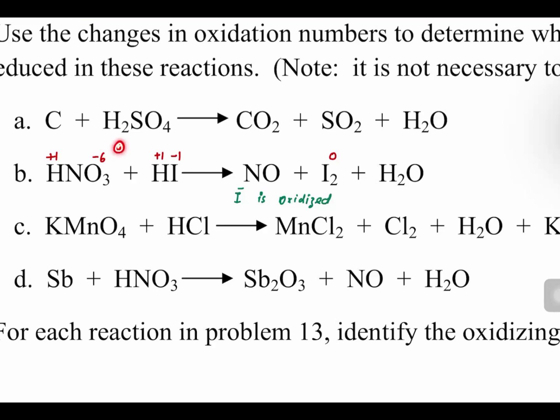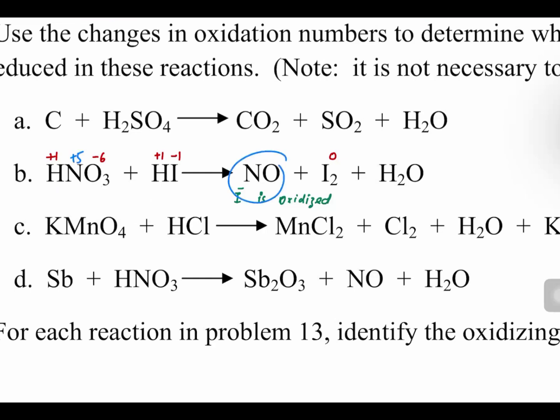Just write -6 and +1 on your calculator, and you will see the answer would be -5. Since there is no charge on this compound, the nitrogen should be +5, so that they cancel each other to become 0. Are you getting my point? Yes. So the charge for nitrogen over here is +5.